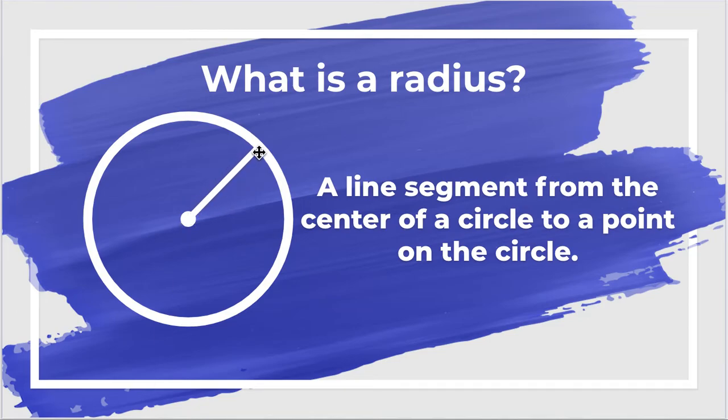We also can talk about the radius as a length, so either a line segment or a length. So the radius could be 5 centimeters. And it's just the distance from the center of the circle to the outer edge. This is one example. I could have had a radius in a different direction, but it's just a line segment from the center of the circle to the point on the circle. We're writing that down and drawing a picture to go along with it.